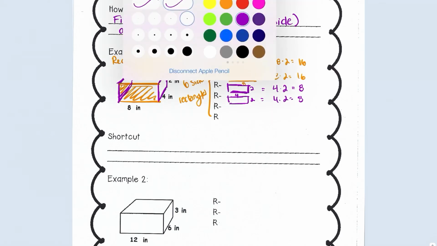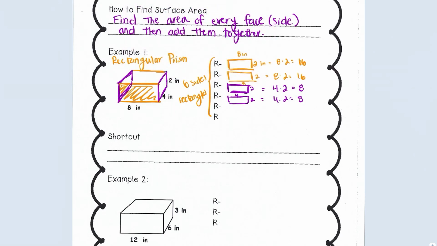All right, and now we have one final pair of rectangles here. Erase some of these lines. There we go. The last rectangle we're looking at is on the very top. What are its dimensions? You might have noticed that the base of that rectangle is 8, and the height of the rectangle is 4.